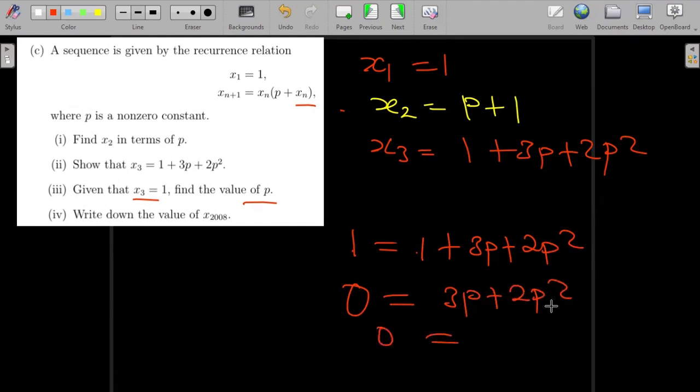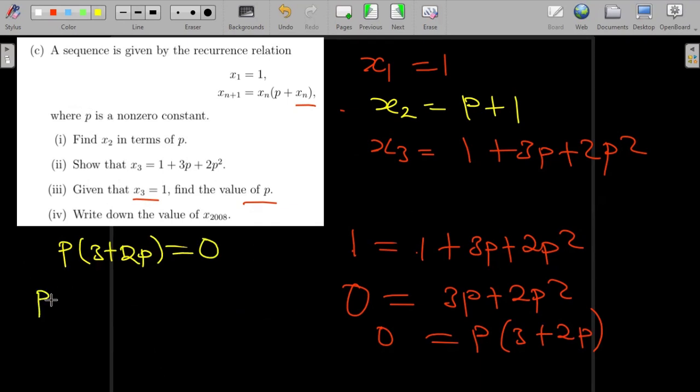Factorize p: 0 is equal to p(3 plus 2p). So p is equal to 0, and 3 plus 2p is equal to 0, which means p is equal to minus 3 over 2.